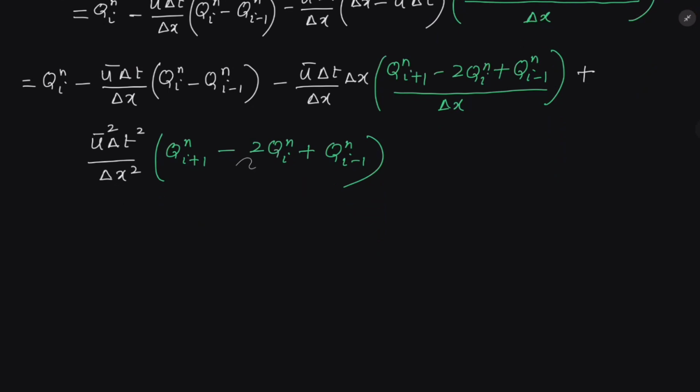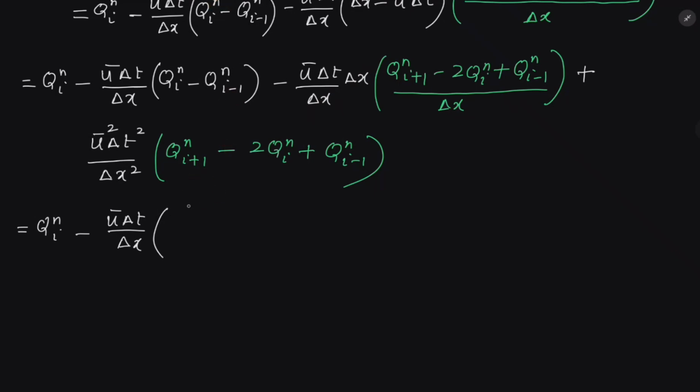Next, we just need to add these two terms as we did earlier for Beam-Warming method. So we have q n i minus, we take a common u bar delta t by delta x. Then you can cancel these two terms, so the procedure remains the same.